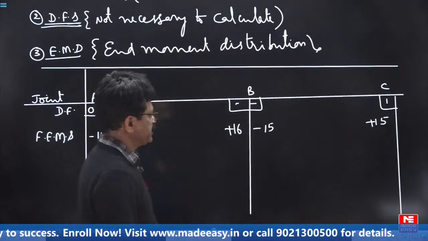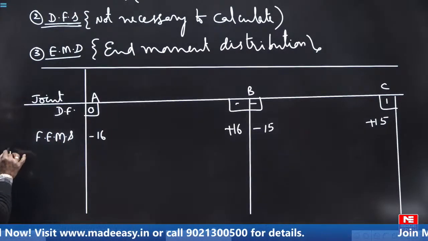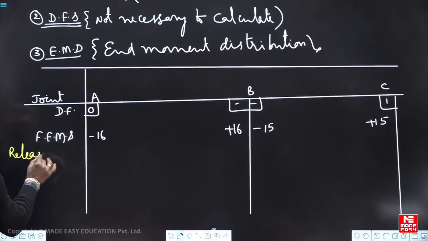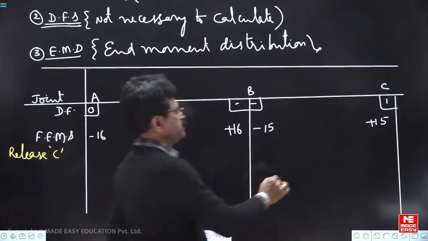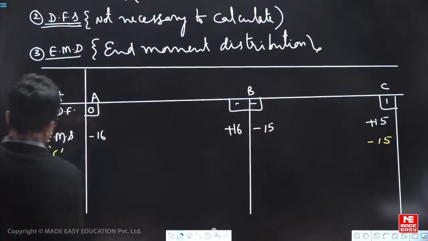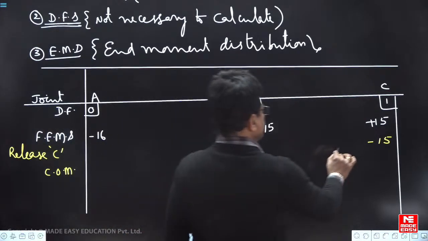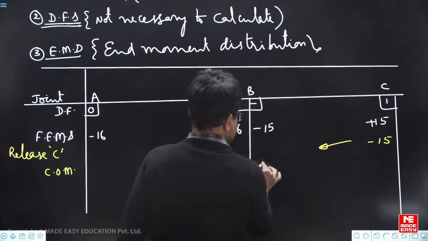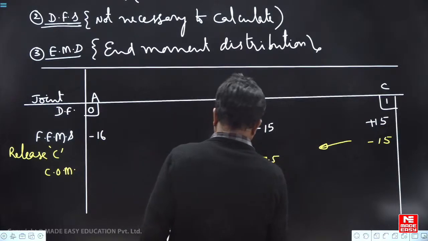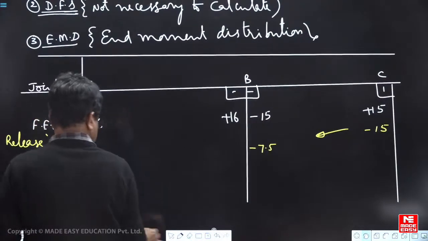That is the question. So release C. Unnecessarily locked that. Release C. So minus 15. When you release that, carryover moment will develop. How much carryover moment will come? Minus 7.5.